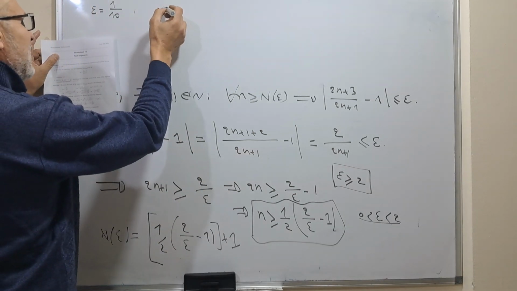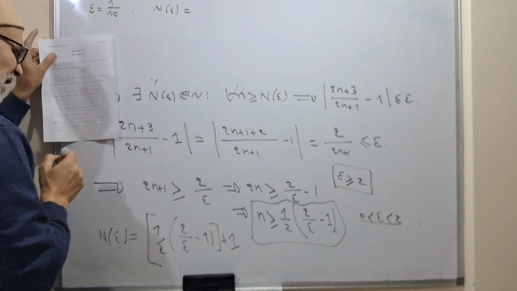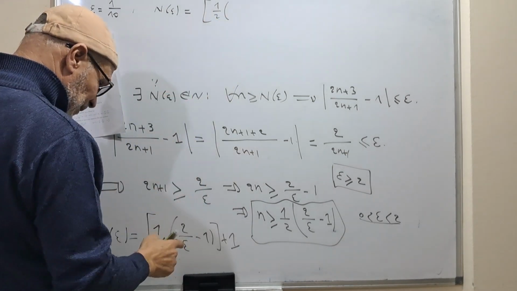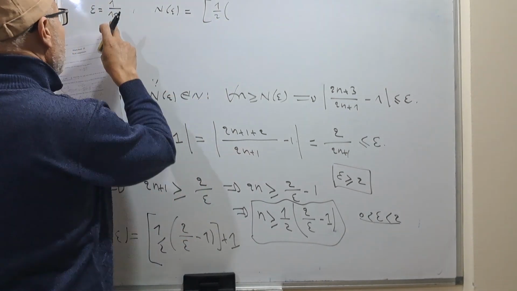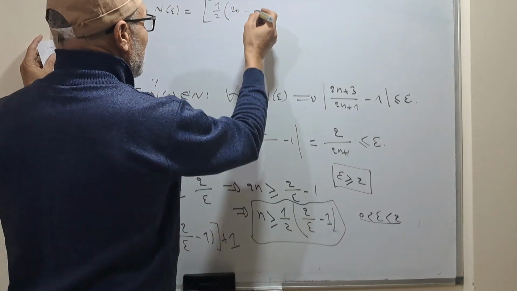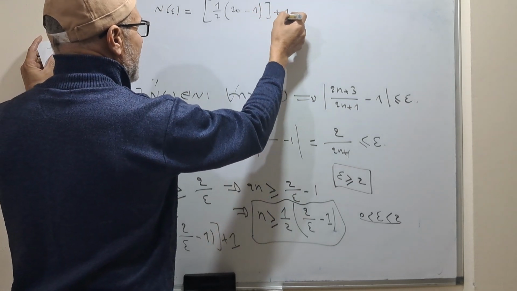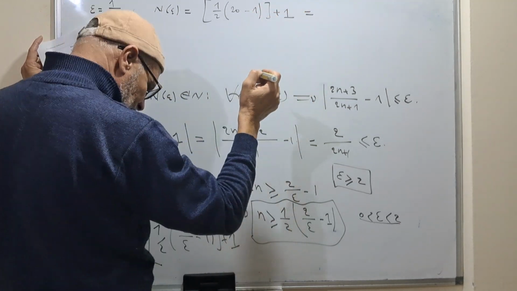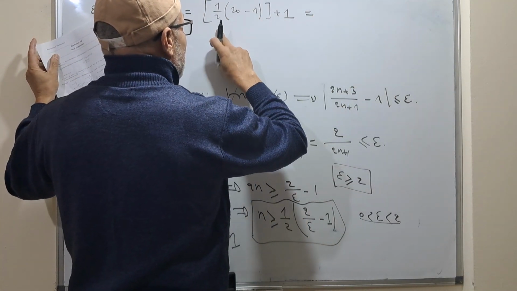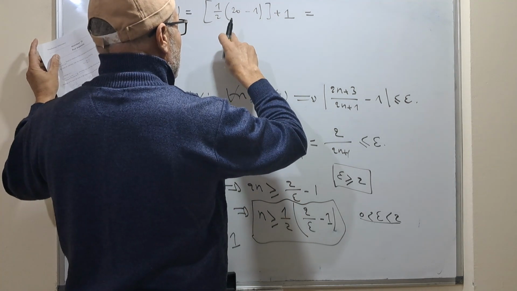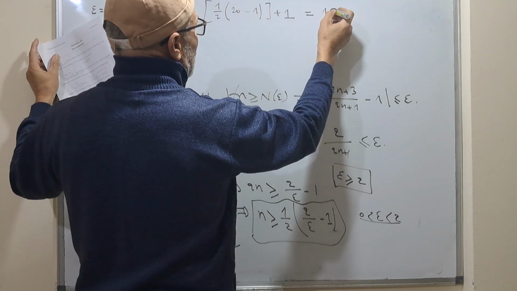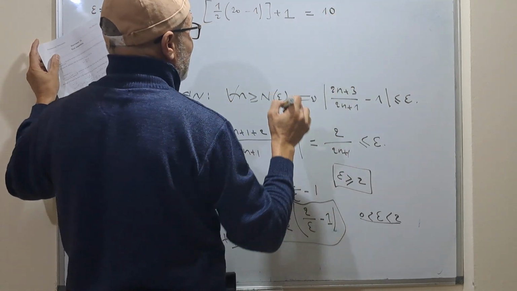So the rank n of epsilon is equal to the integer part of 1 over 2 times (2 over epsilon minus 1), plus 1. Here we have 20 minus 1, which is 19, 19 over 2, 9 and a half. This gives 9 plus 1, equal to 10.